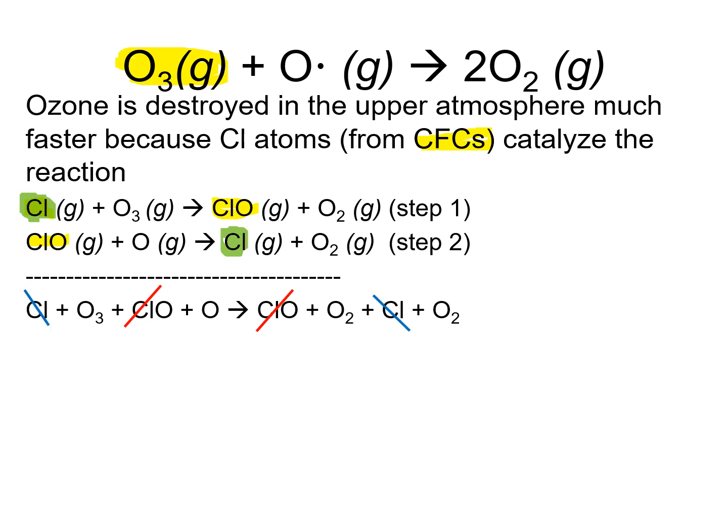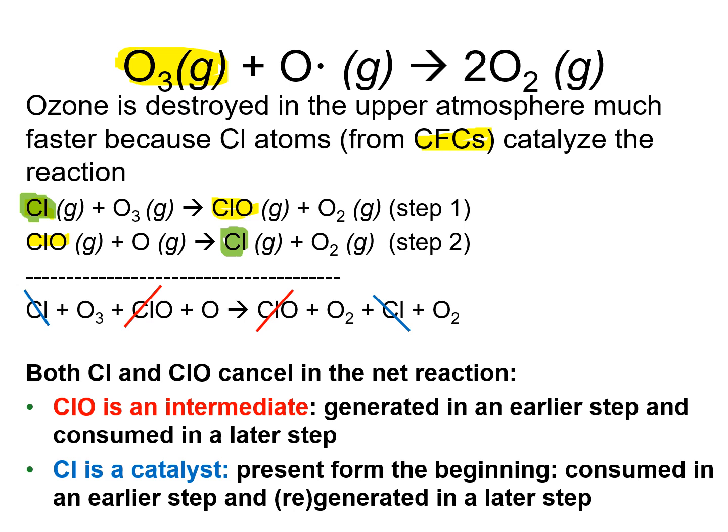Chlorine instead is there, gets used up and then reappears. In a way it's similar because it gets cancelled out, but what's different is the sequence. For ClO, it's formed and then used up. Chlorine is used up and then formed, and this is what makes it a catalyst.